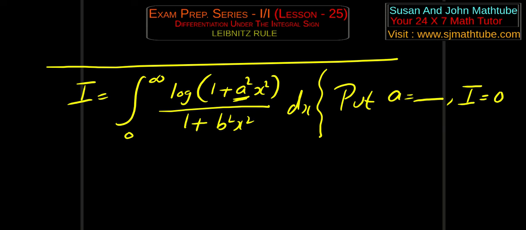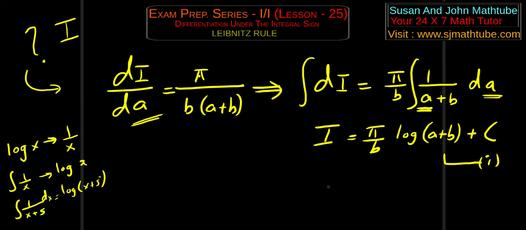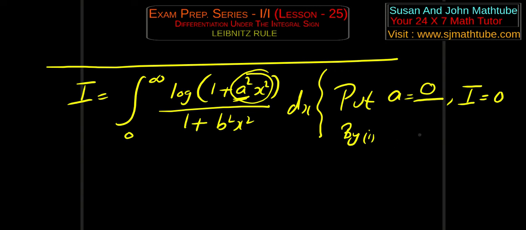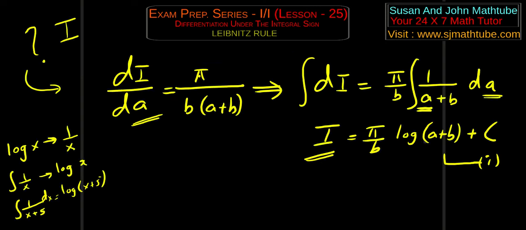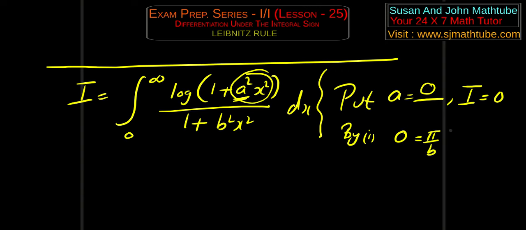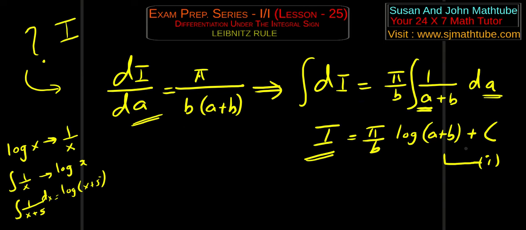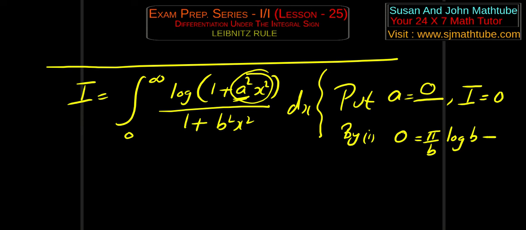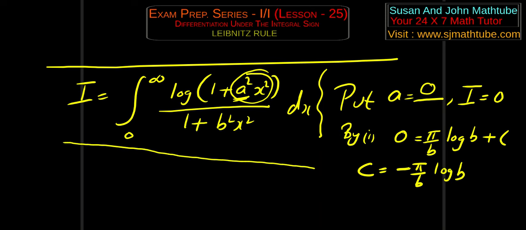Put a equal to 0. This will vanish. We will create log 1. Log 1 is 0. Numerator is 0. That's it. So I can write I equal to 0. Now I'm going to plug in that value. I'm going to put 0 here. We get pi by b log b plus c. That gives me c is equal to minus pi by b log b. I hope you also got the same answer.